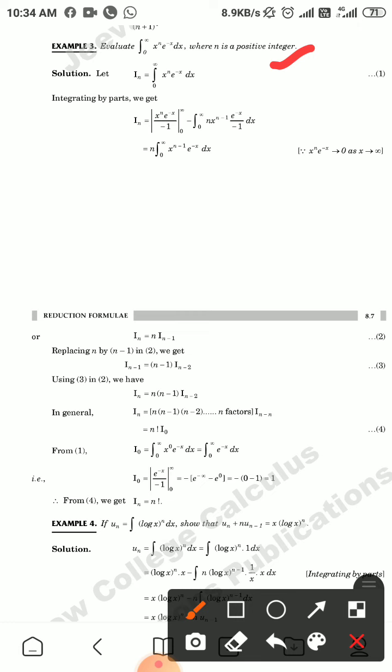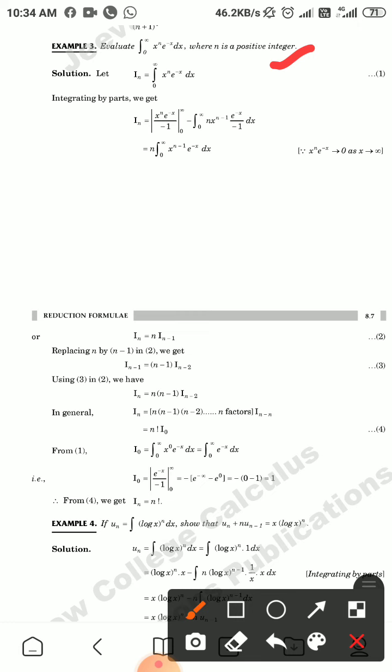Integrating by parts, we get In equal to x raised to power n e raised to power minus x divided by minus 1, from 0 to infinity, minus integral 0 to infinity of the derivative of the first, n into x raised to power n minus 1, and the integral of the second, e raised to power minus x divided by minus 1, dx.